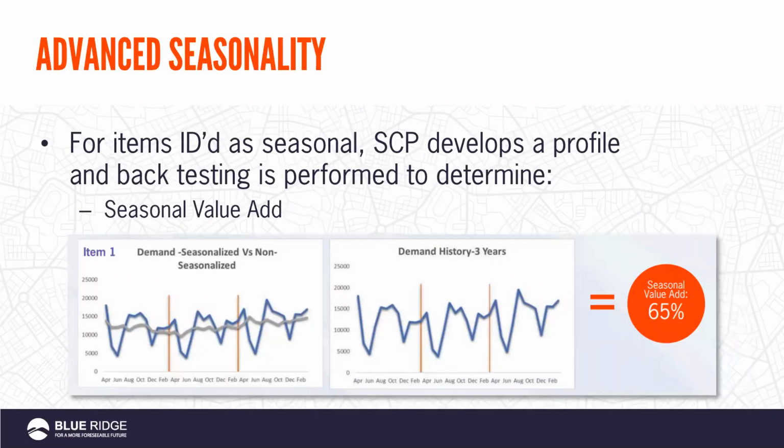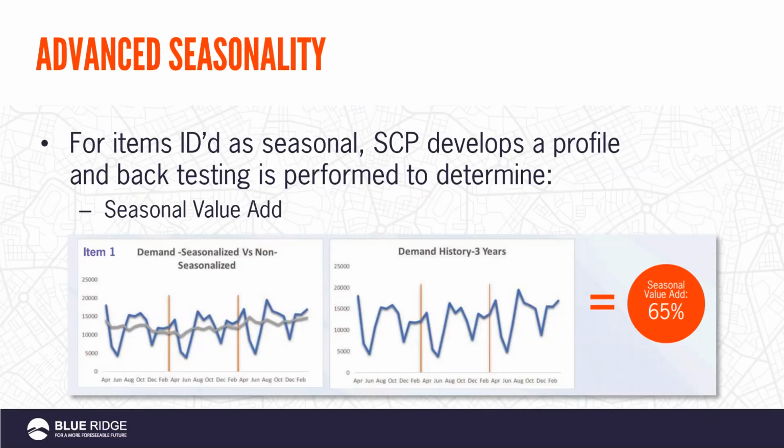And then the third step, so once the system identifies those seasonal items and calculates that pattern match score, what it's going to do is develop a profile and then lay that profile over top of that demand history to determine what is called the seasonal value add. And yep, you guessed it, seasonal value add is another fancy term.